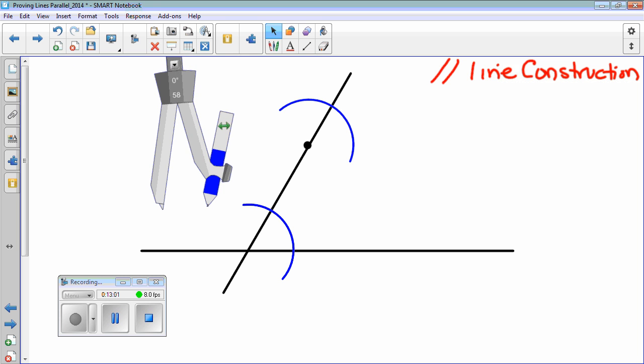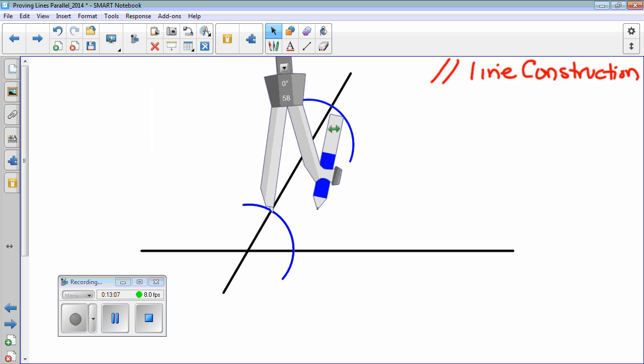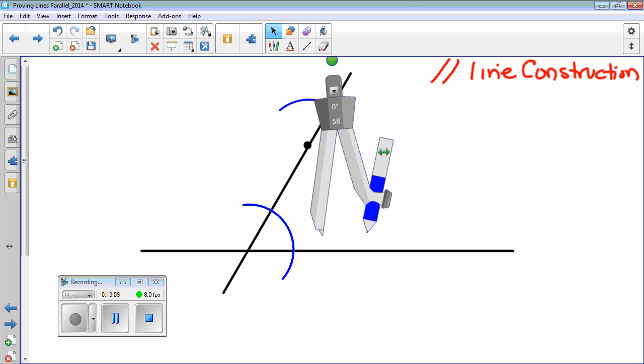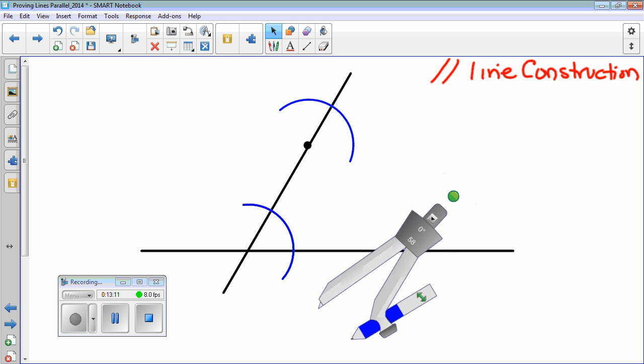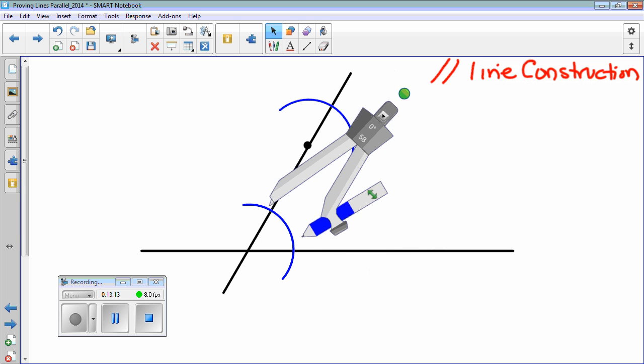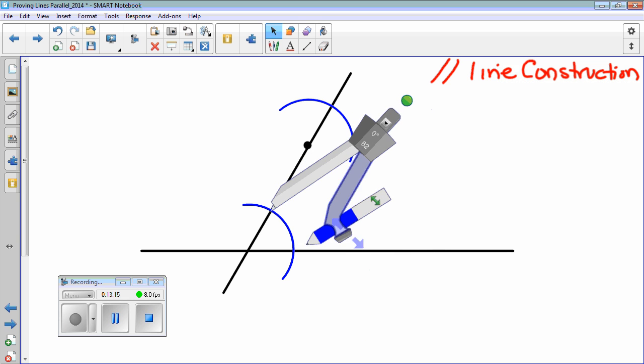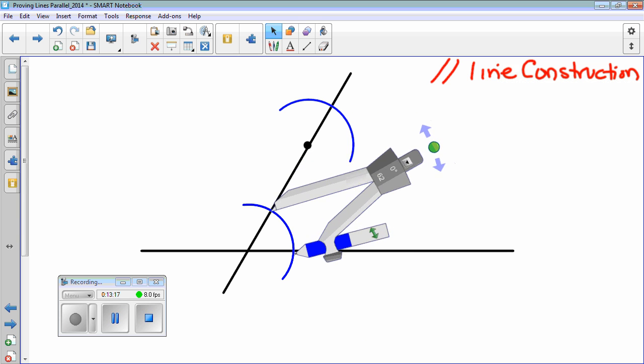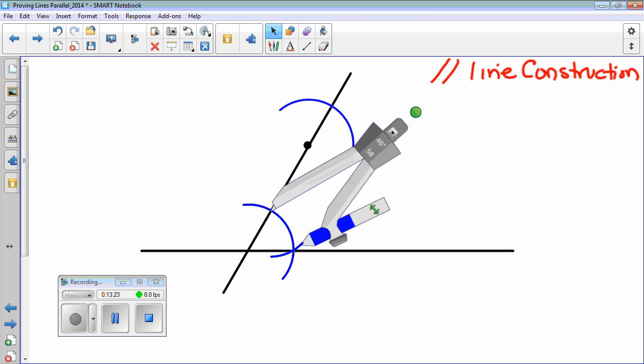You really need to measure it with the compass and the marked part down here, otherwise it won't work. I'm going to open my compass enough so that it marks exactly that spread, and make a little X here. I've just measured the width of my angle.